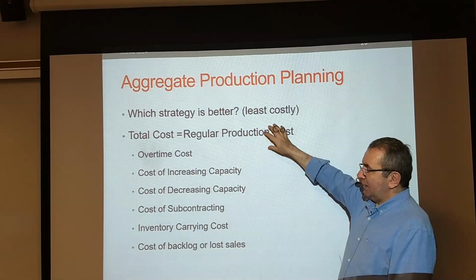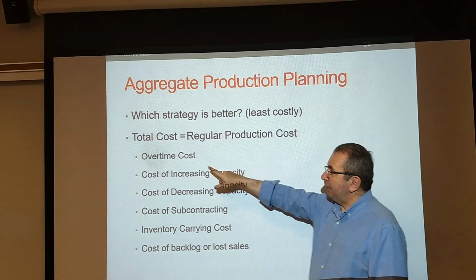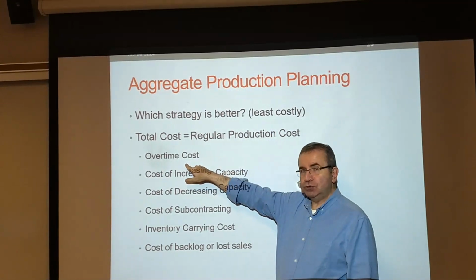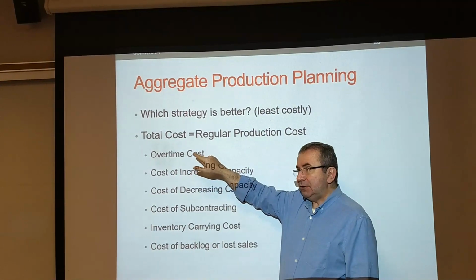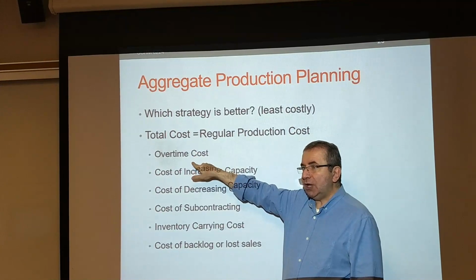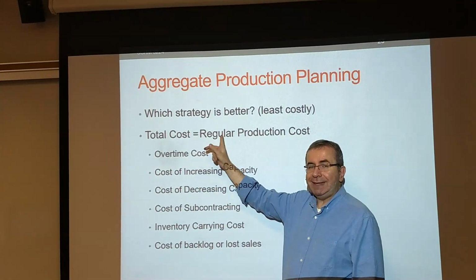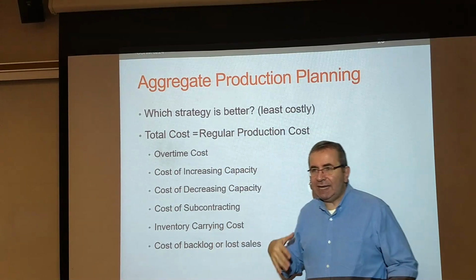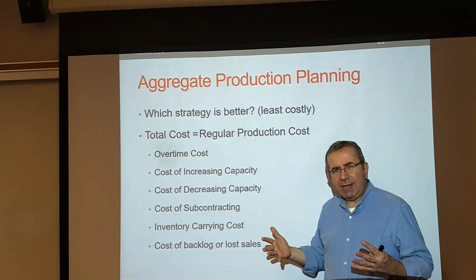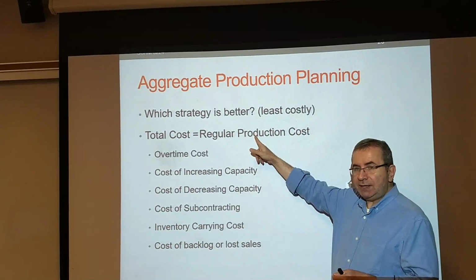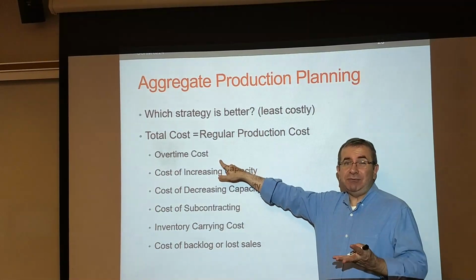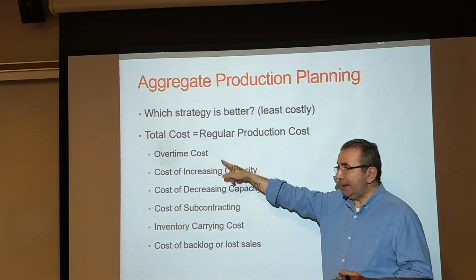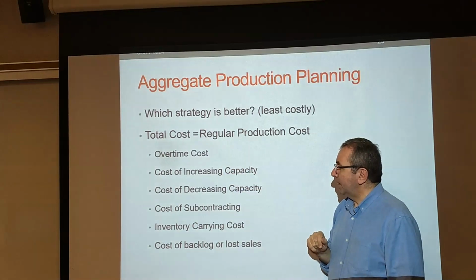If that's not enough, you will have to pay your workers overtime. Now, the labor rates of overtime are 50% greater than regular time. So if you pay your workers, let's say, $50 an hour for regular production, overtime will be $75 an hour, 50% more.